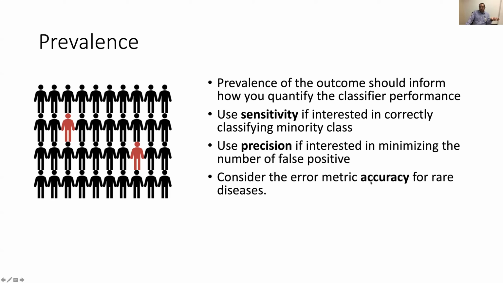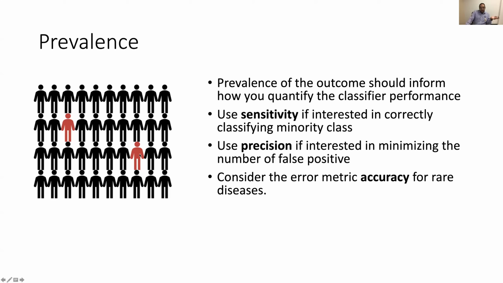Often I see the metric used is accuracy: how many negatives did I correctly assign, and how many positives did I correctly assign. Well, the accuracy metric is really poor when you have an imbalance like this. Here, 2 out of 40 patients are cases.